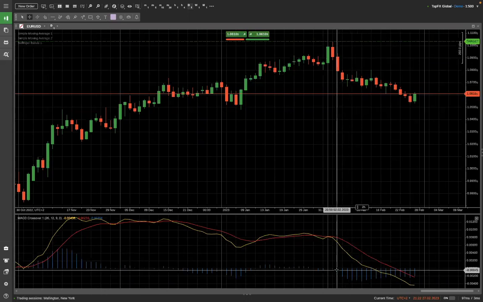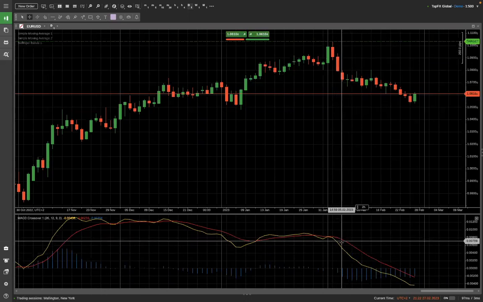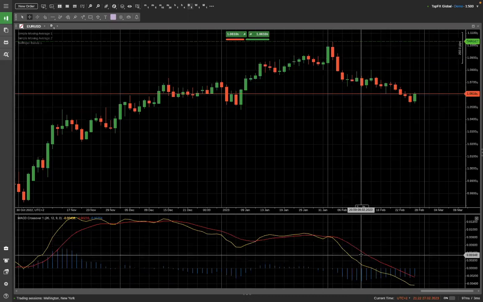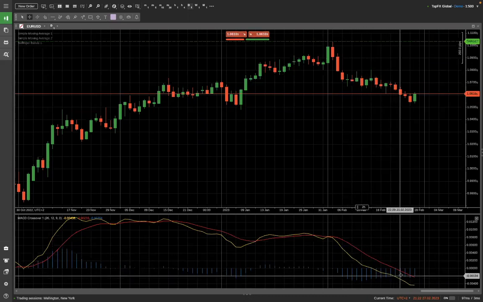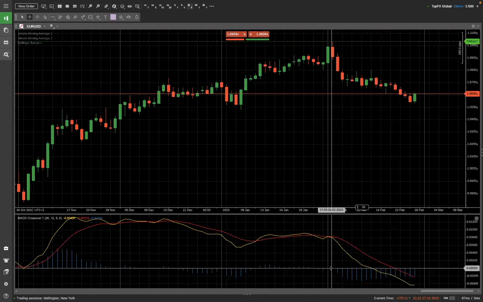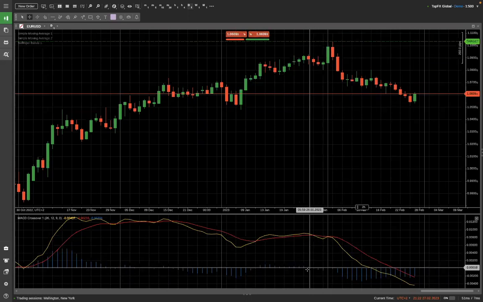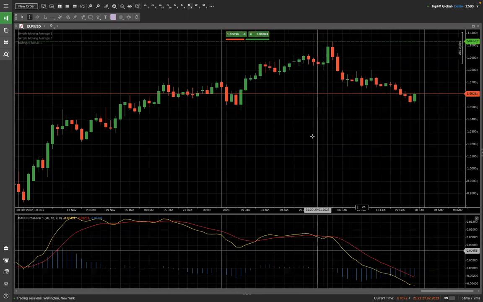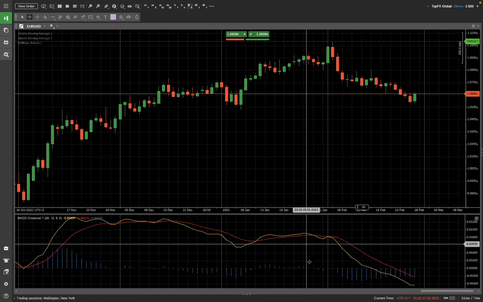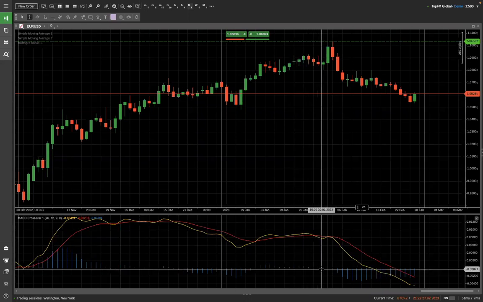And on the histogram, the space here between the red and the yellow moving averages is being shown. Right now, the distance between those two moving averages is very small, almost no distance, so the volatility is low, of course. You can combine these two indicators.